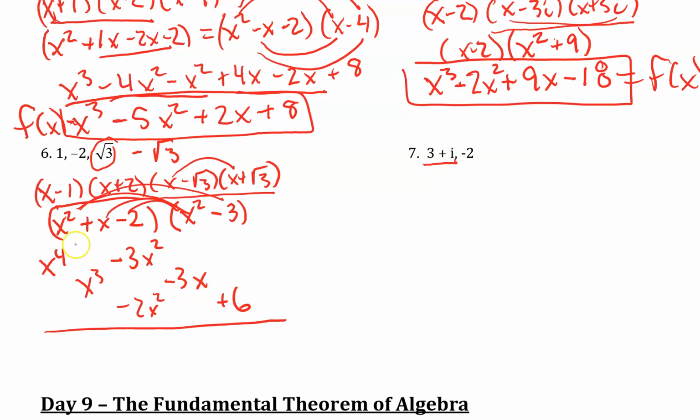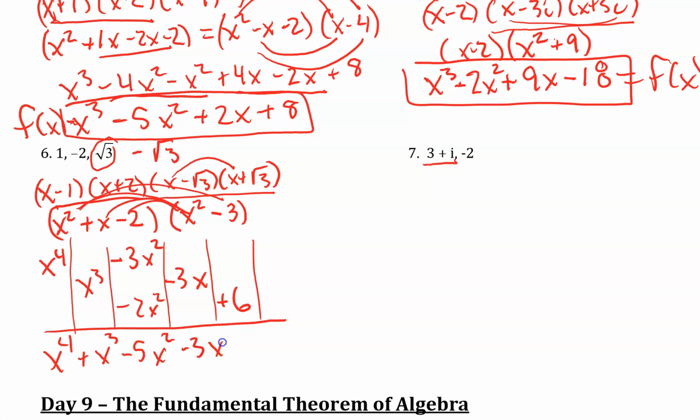So the way I left these is so I can have nice columns to make sure I have x to the 4th term, x to the 3rd terms. I combine my x squared terms and work my way across. So f of x will equal x to the 4th plus x to the 3rd, etc.